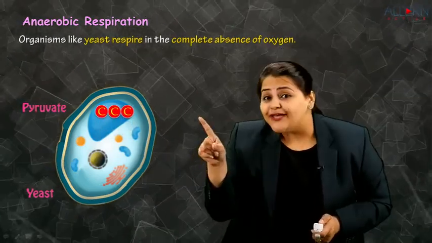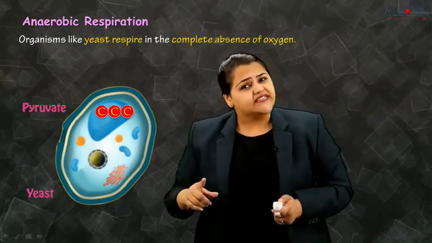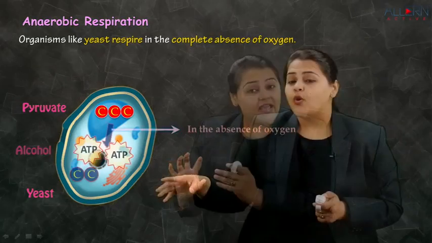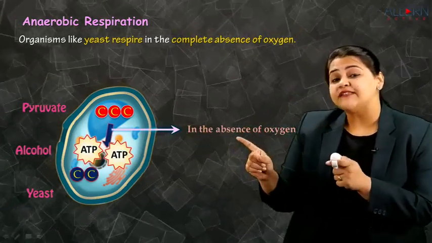So the pyruvate, which is produced as a result of the normal process of glycolysis in the cell, will now be broken down into alcohol in the absence of oxygen.